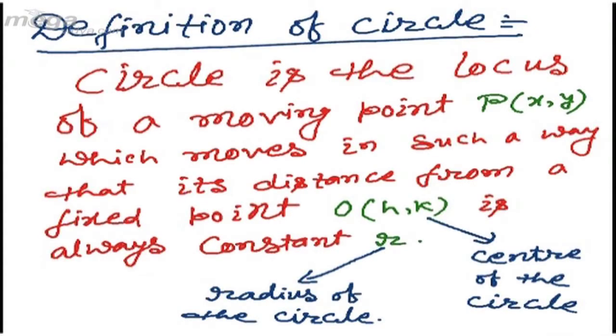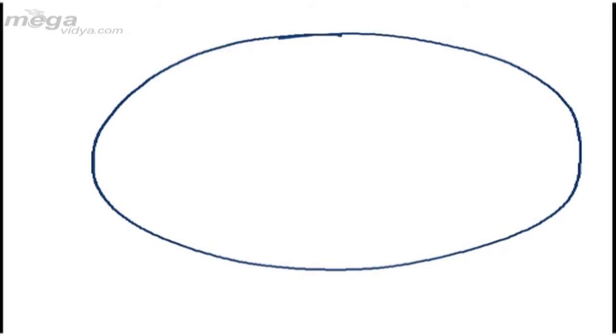Now student, the locus, that is the path, when we move this way, this is the constant distance and this is the moving point, the tip of the pen. Now it's moving, so it becomes a circle this way, and when we draw, it becomes a circle.